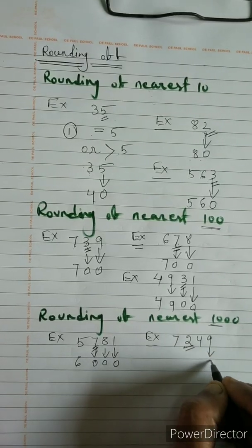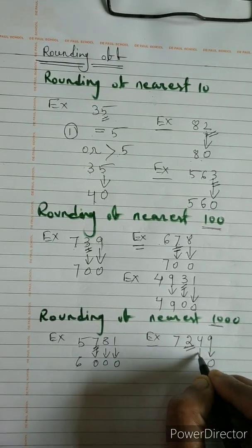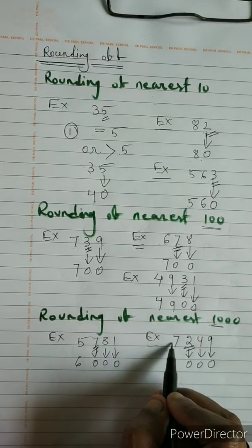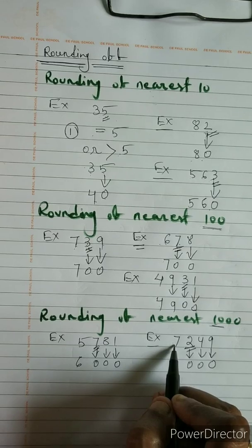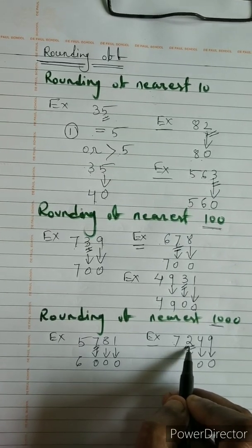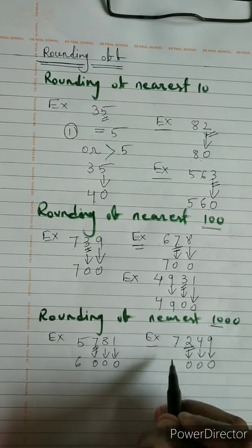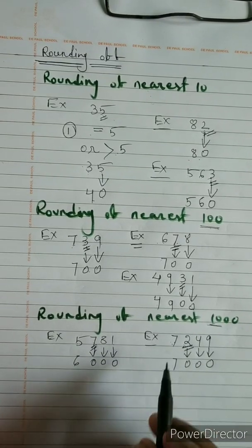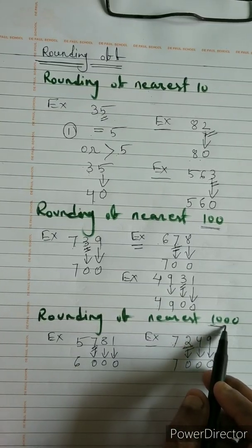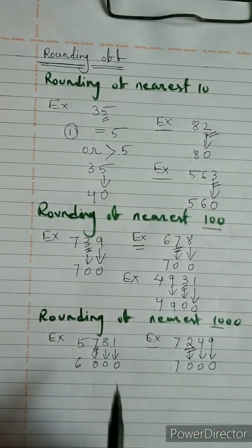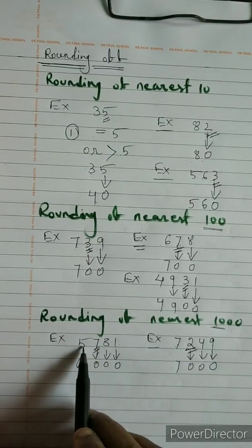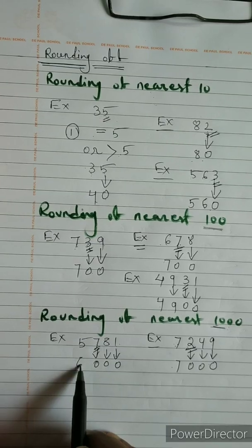All the 3 places become 0: ones place 0, tens place 0, 100 place also 0. But the 1000 place has no change because 2 is less than 5. So 7 has no change, exactly like 7. So 7249 rounded off to the nearest 1000 is your 7000. Here 5789 rounded off to the nearest 1000 is your 6000.